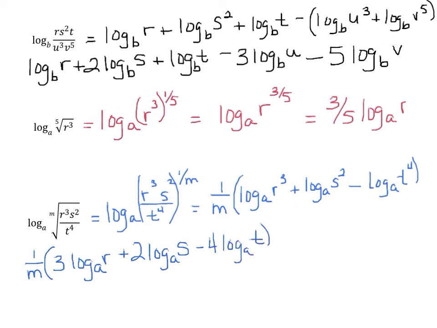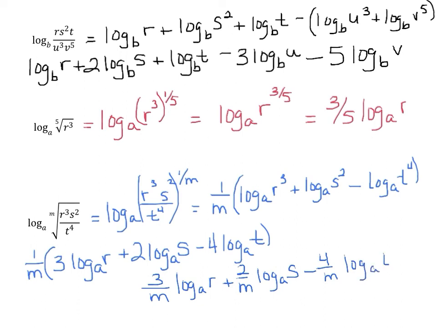And then the very last thing that we do is we distribute that 1 over m to each one of these. And what that looks like is, 1 over m times 3 is 3 over m, log base a of r, plus 2 over m, because 2 times 1 over m is 2 over m, log base a of s, minus 4 over m log base a of t.